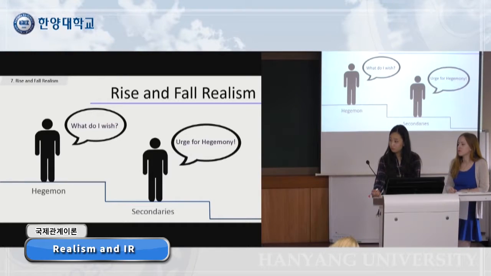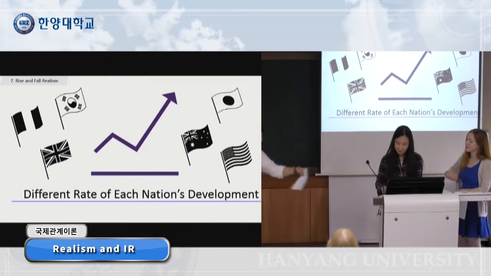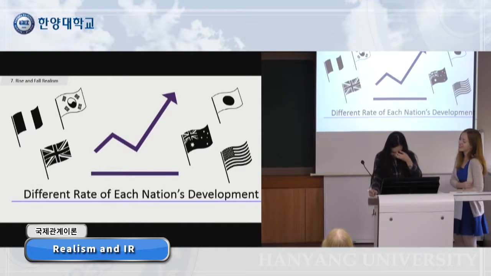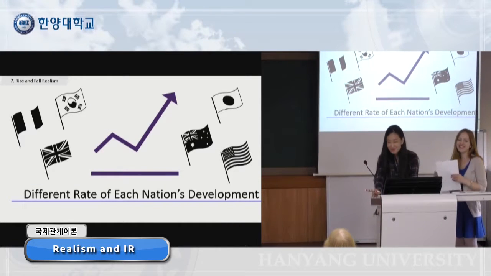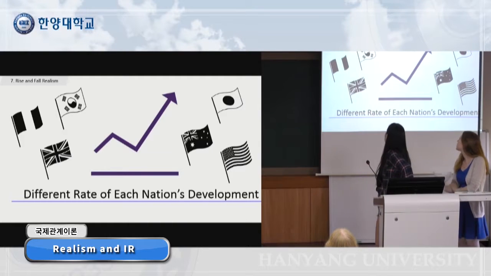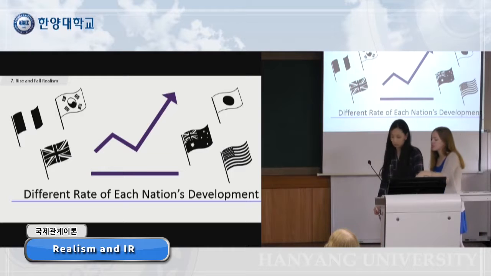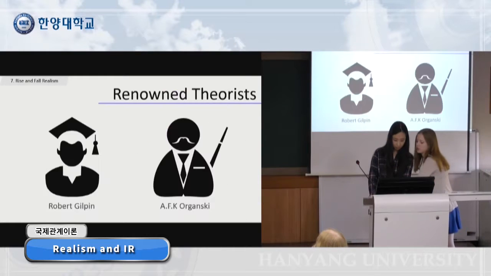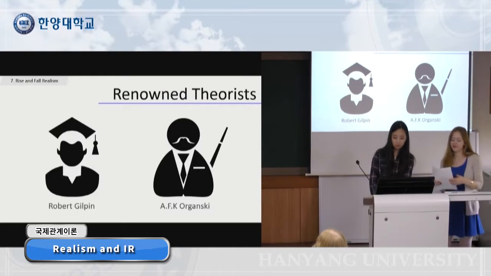And Organski's power transition theory also argues that the differential rates of each nation's growth cause wars over system leadership.